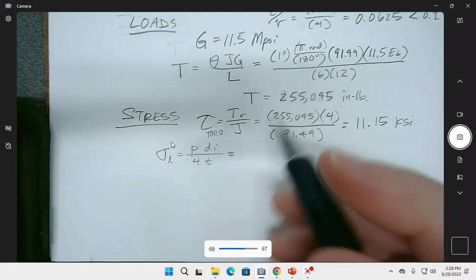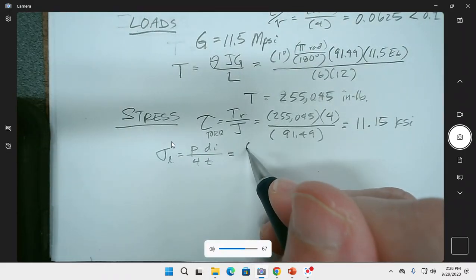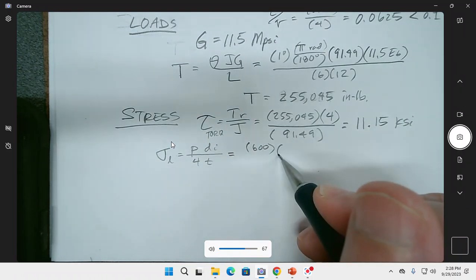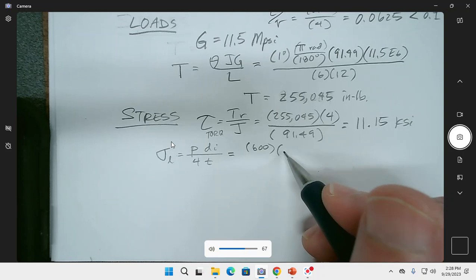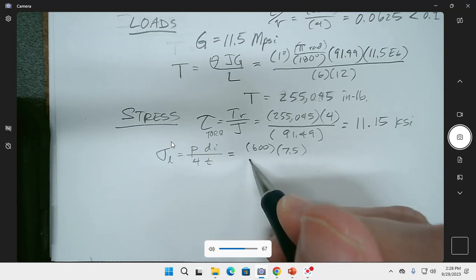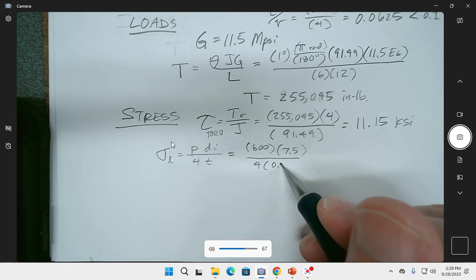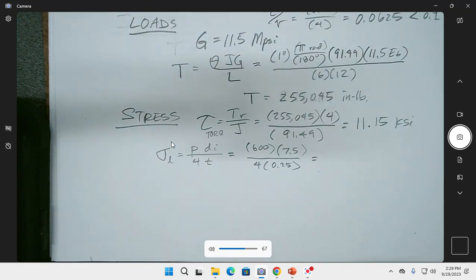Okay, so here we have 600 psi G. The inside diameter we established as being 7.5 inches, and the thickness is 0.25. So we get 600 times 7.5 divided by 4, and divided by 0.25.